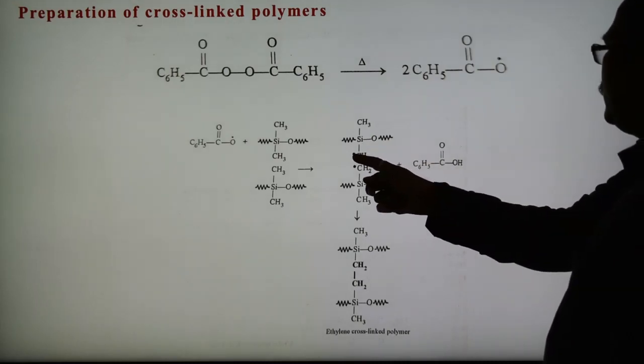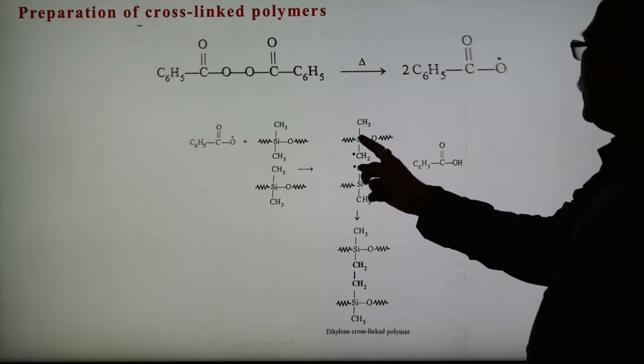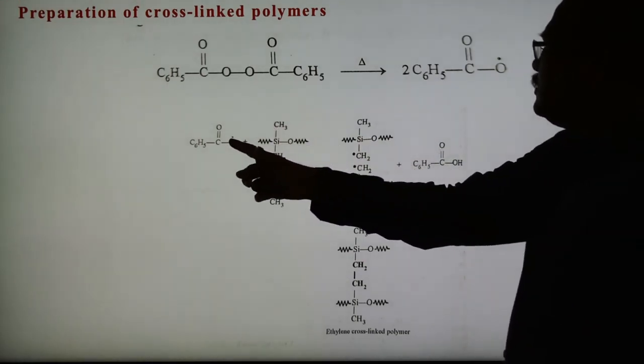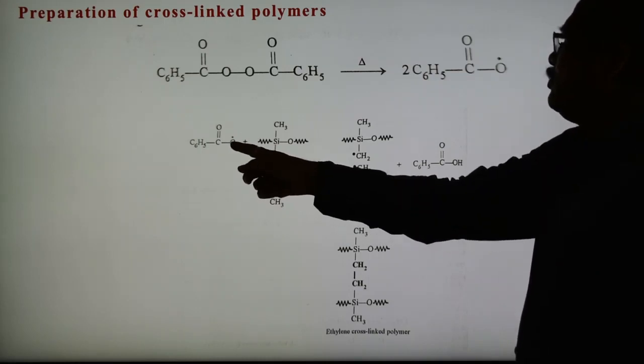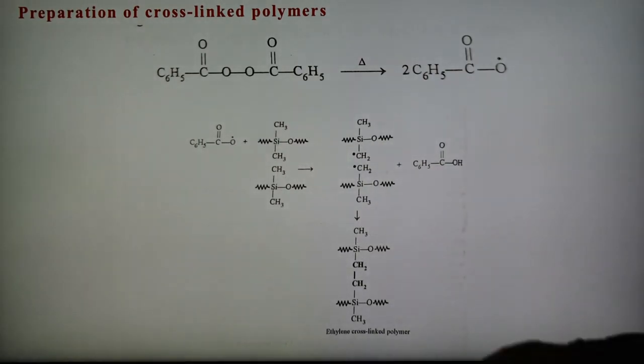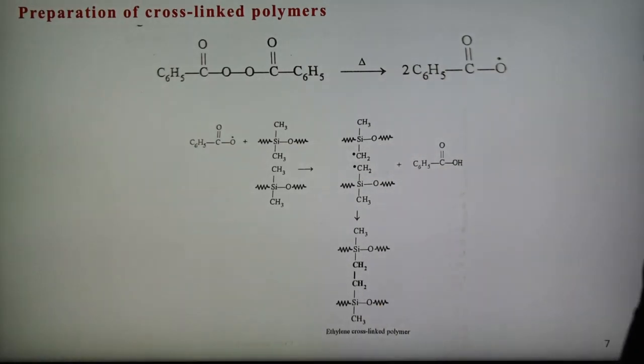So we see again forming this is this free radical is shifted here, and after joining this group, and here methyl from this group free radical is reactive and abstract proton from this methyl group and forming this benzoic acid, and we get this another radicals, and this combine in this way and forming the ethylene cross-link polymer.